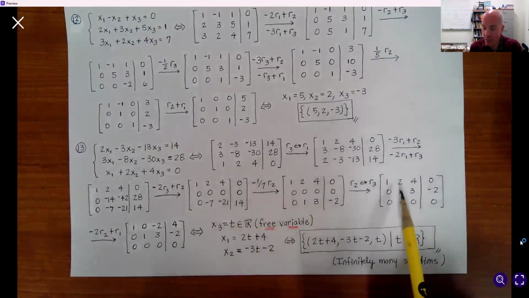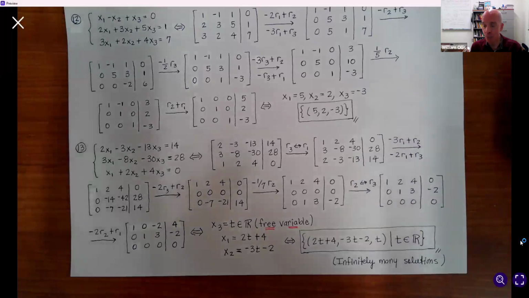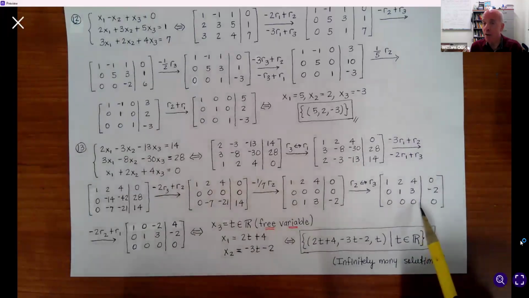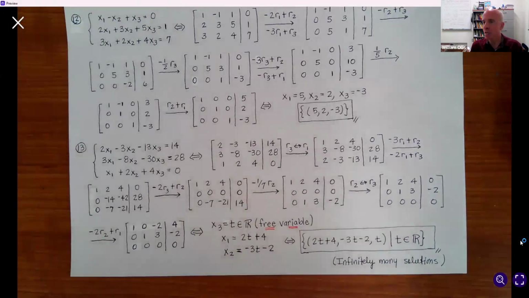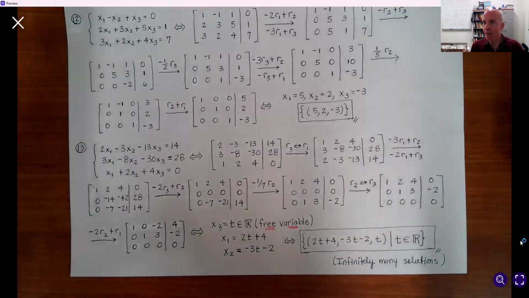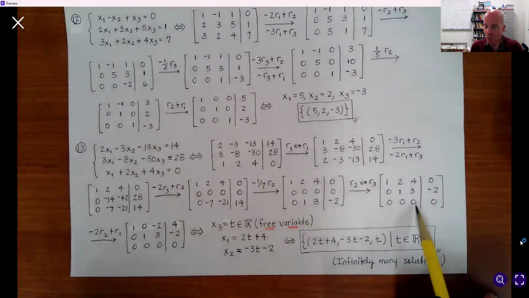That is, x1 and x2 have their leading ones, and so we're going to go ahead and keep them as basic variables and use the variable to be free that does not have the leading one. That makes the convention a little bit easier to execute, and everyone does it the same way. So I would recommend keeping that type of convention when you apply the free variable.